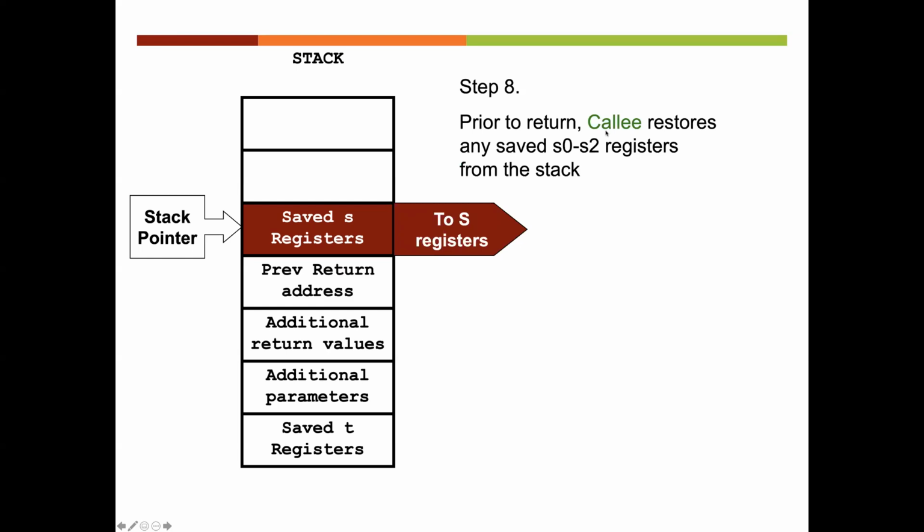And so before the return, the callee needs to restore any saved values from S0 to S2 from the stack. And so in this case, it results in our stack pointer being decremented.